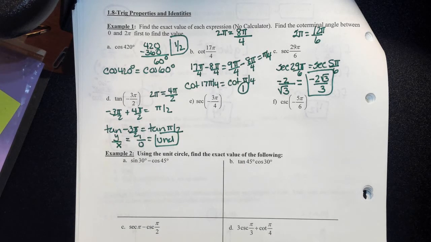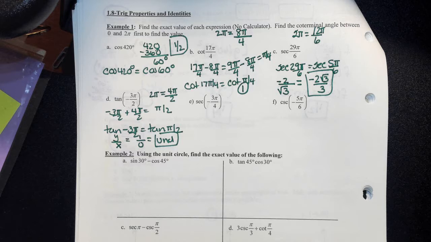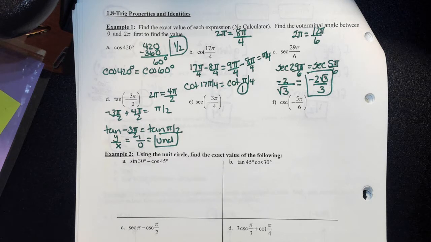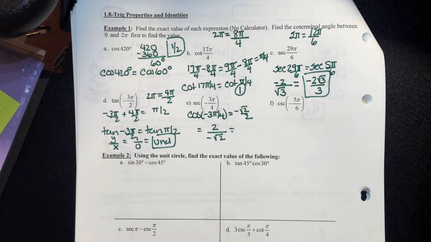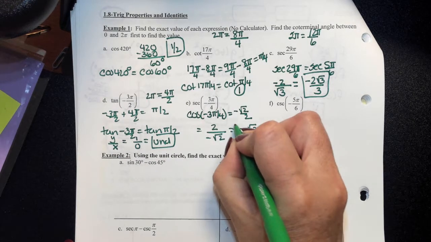Okay? So now, you guys try E for me. Secant's reciprocal of what function? Cosine. And if you know where negative 3 pi over 4 is located, you don't have to do the... negative square root 2. Guys, make sure you're careful of those negatives.